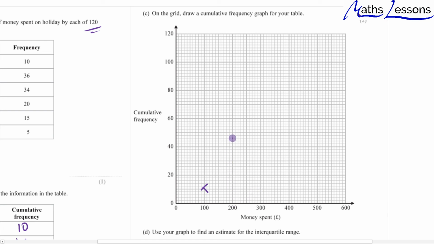There's 46. At 300, we're going to plot 80. And then at 400, we're going to plot 100. At 500, we're going to plot 115.